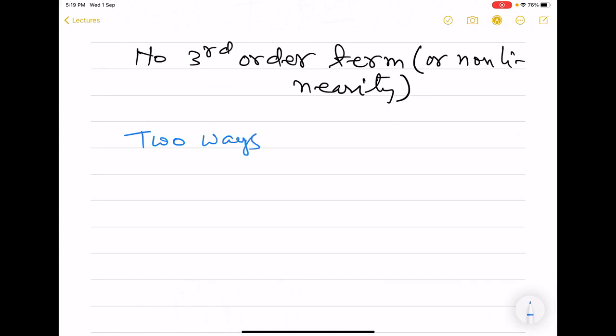So there are two ways in which third order nonlinearity appears.